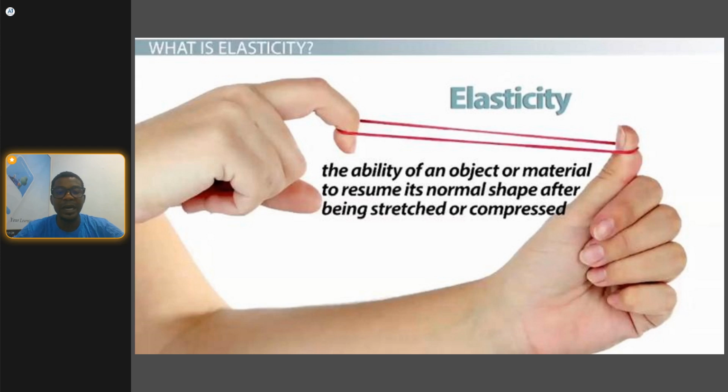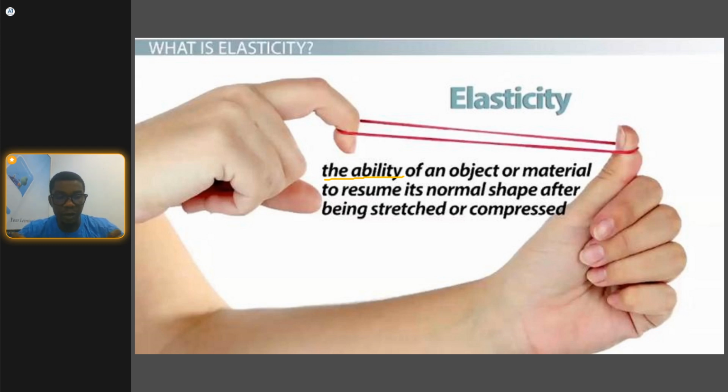Please signify. Now, elasticity. The definition of elasticity is given as the ability of an object or material to resume its normal shape after being stretched or compressed. Elasticity is the ability of a material to regain its original shape or size after being stretched or compressed.